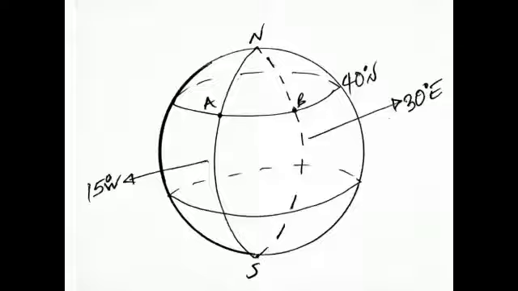Point A is lying on longitude 15 degrees west and point B is lying on 30 degrees east. This is the reason why we are calculating the distance along latitudes, because the points we are calculating for are lying on the same latitude.